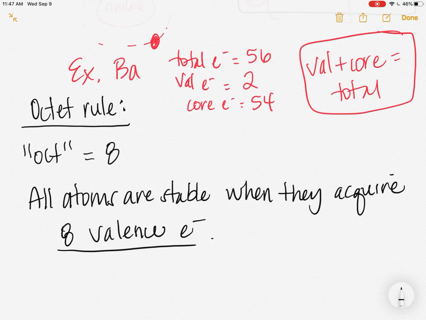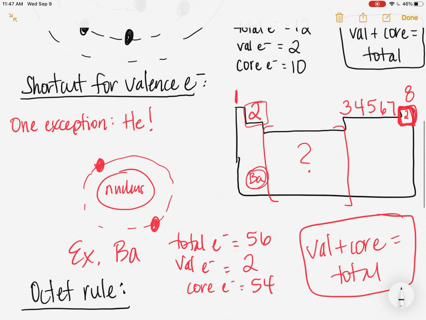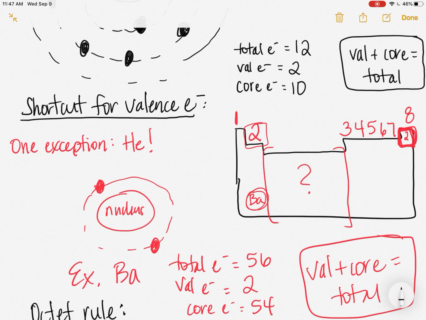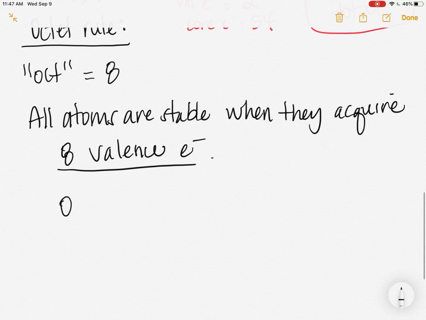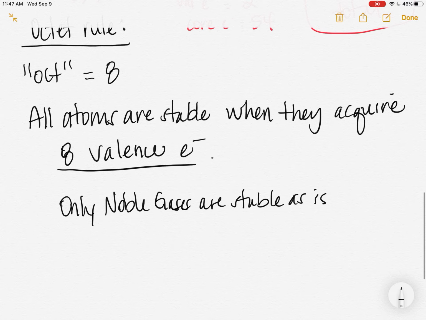So the octet rule says that all atoms are stable when they acquire or when they already have 8 valence electrons. So if we go back up here to our shortcut, okay, who on the table has 8 valence electrons? Well, only the noble gases. So according to the octet rule, only the noble gases are stable as is right now, according to the table.